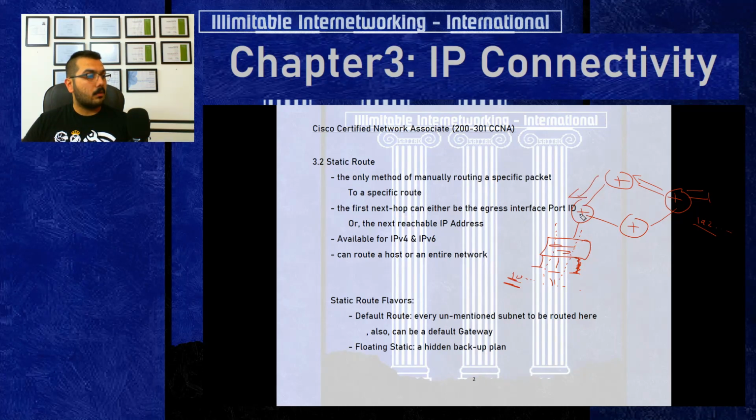After that, this router will already know how to connect to 10 dot something. And for the 11 subnet, I must configure it by myself. Maybe if I want to route it to this router, then I will access this router to route it to this router, and this one will deliver me to the subnet 11.